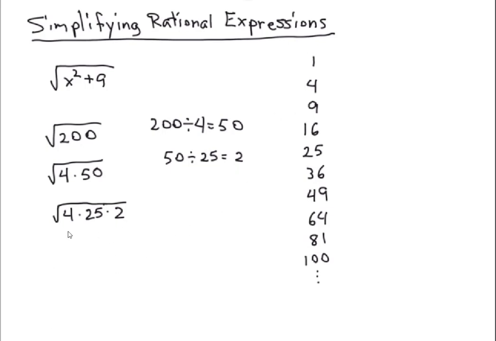So now we have this broken up as much as we possibly can into perfect squares. And so now each perfect square is just going to come out of the radical. So square root of 4 is 2. Square root of 25 is 5. And the 2 gets left behind. And so this ends up being 10 square root of 2.